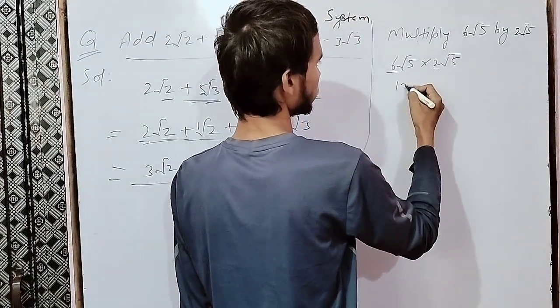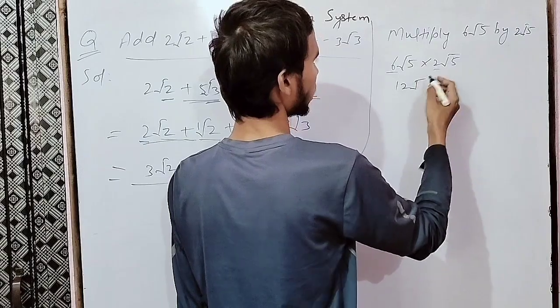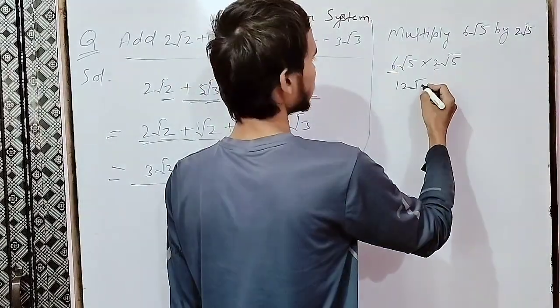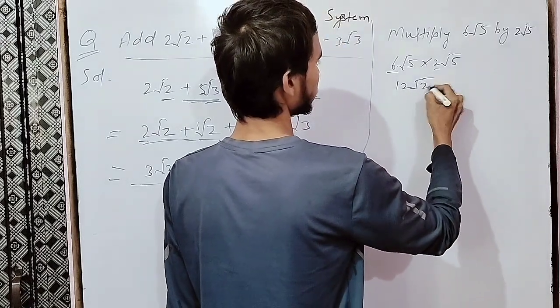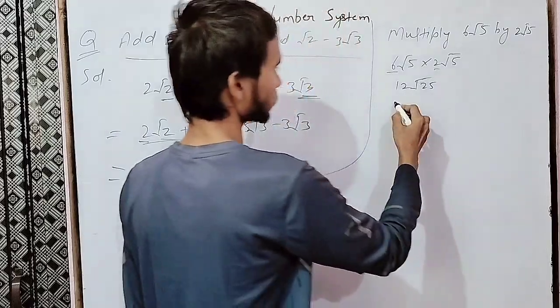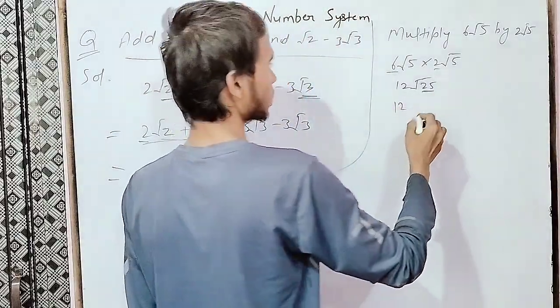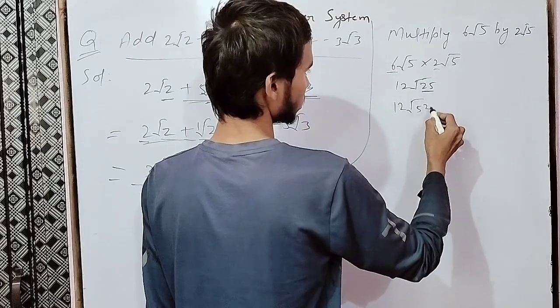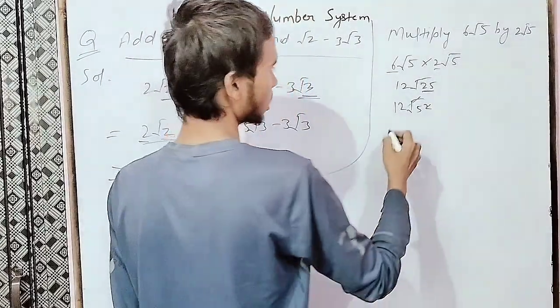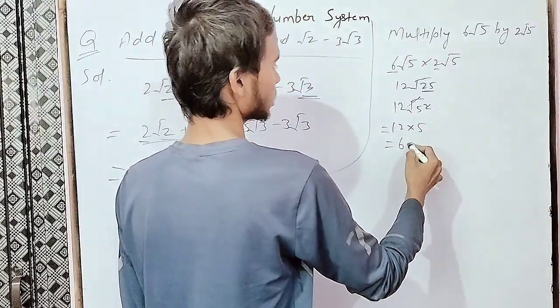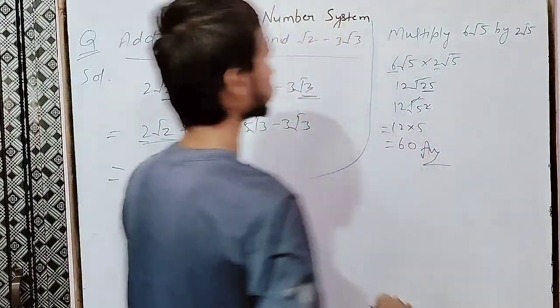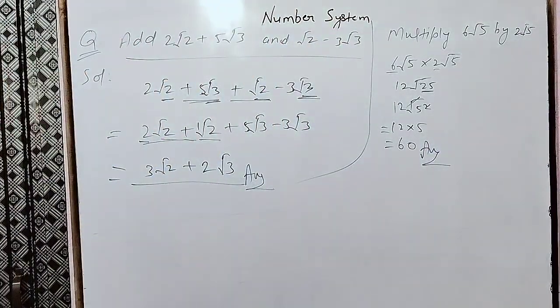So 6 times 2, 5 5s are 25. Now this is a perfect square and the square root will get cancelled out. 12 5s are how much? 60. So 60 is the final answer.